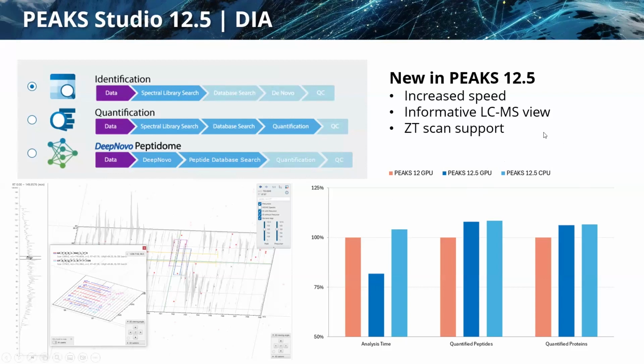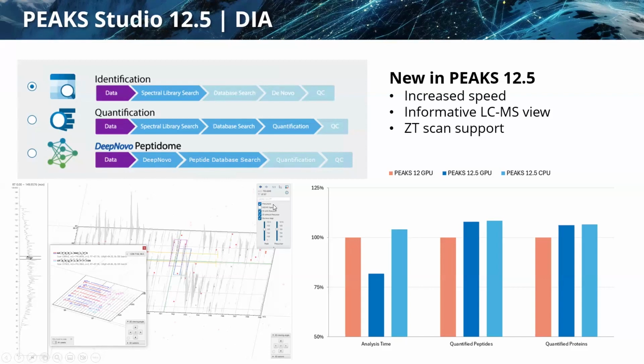The next thing we added for Peaks 12.5 DIA is a more informative LCMS view. You can access this graph under the data refine section. After that step is finished in your analysis, you'll be able to click on your samples and see the LCMS map. You're able to check off to show the precursors.